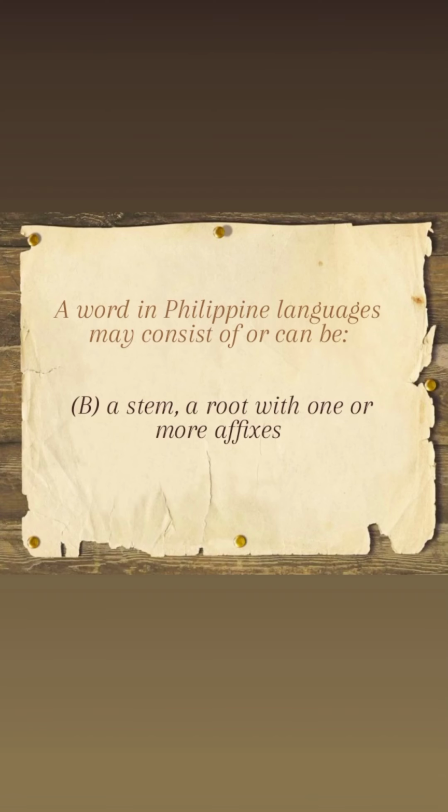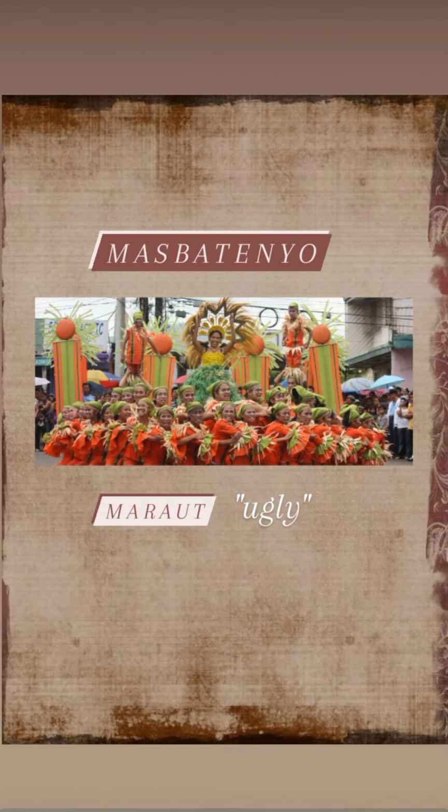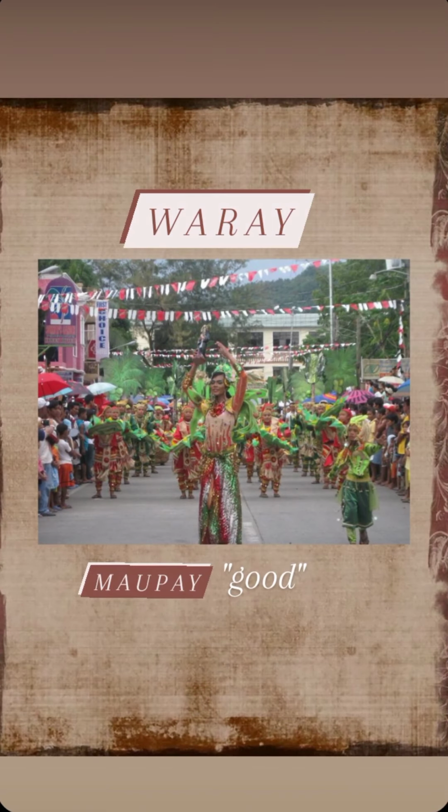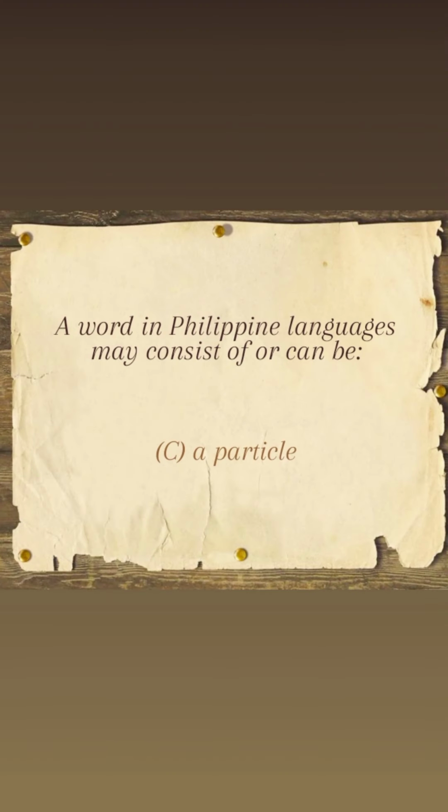And in letter B, the stem. Here are some examples. In Masbateño, the word maraot is translated into ugly. And in Waray, the word maupay means good. Letter C, a particle.